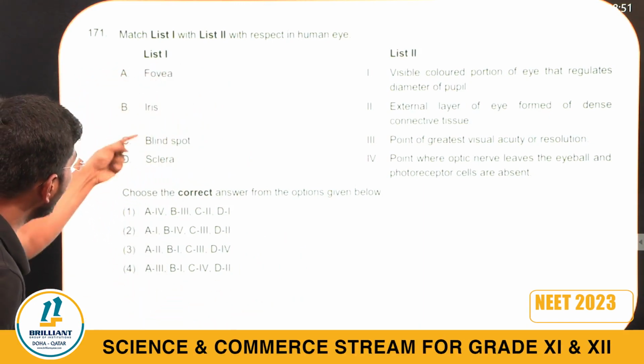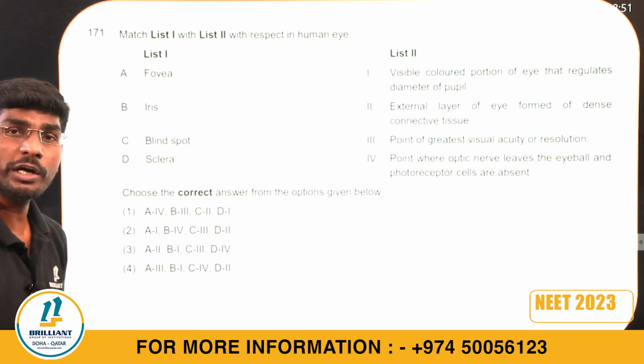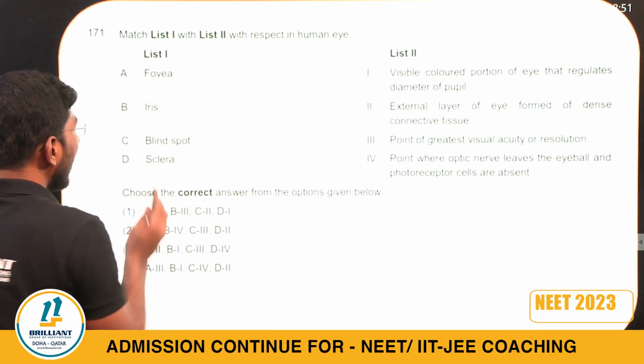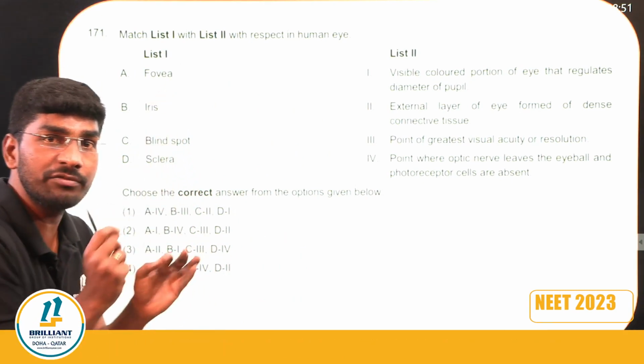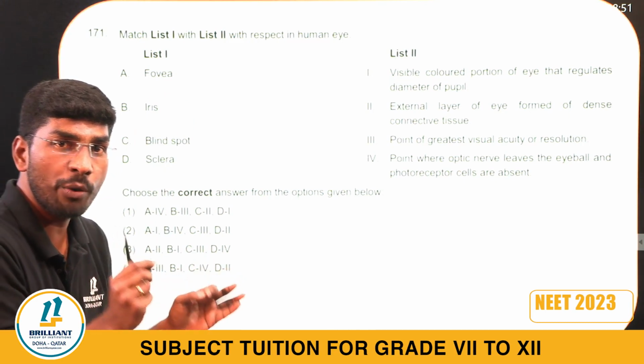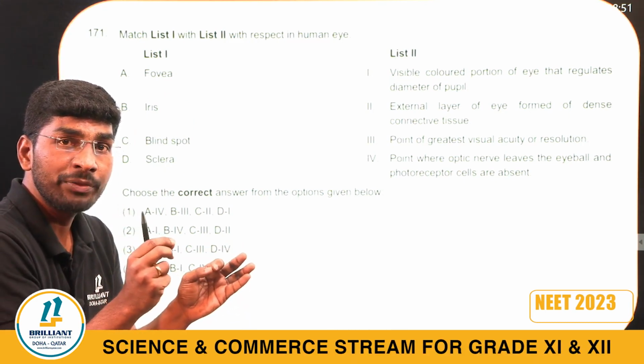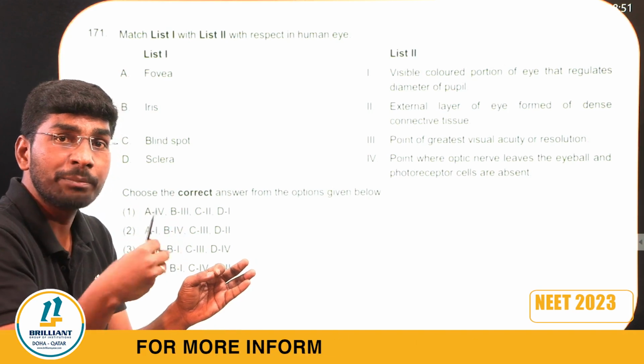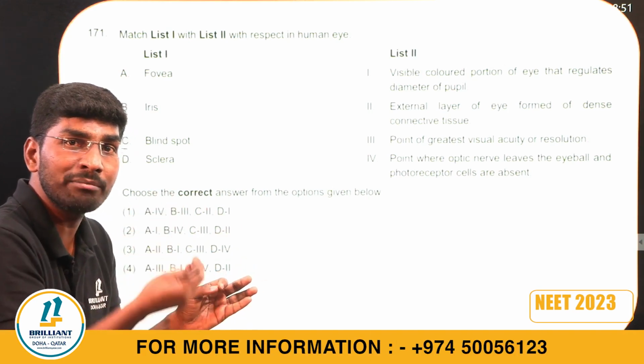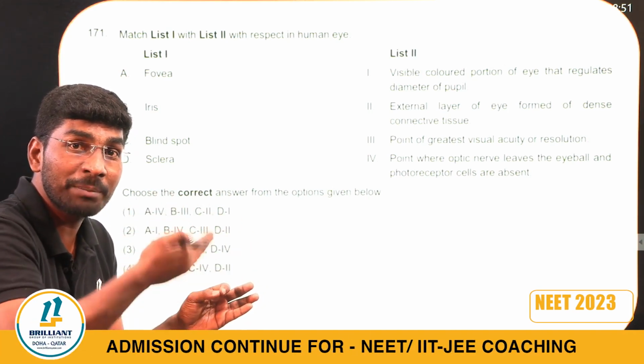If you do these two, the answer will come. What is the fovea? It is the spot for keen vision, when you are reading, bicycling, or doing a puzzle.